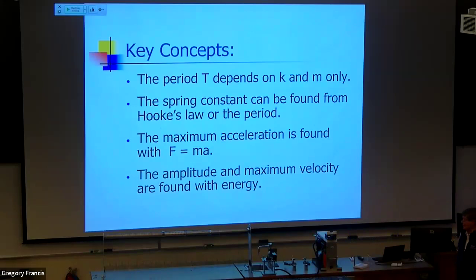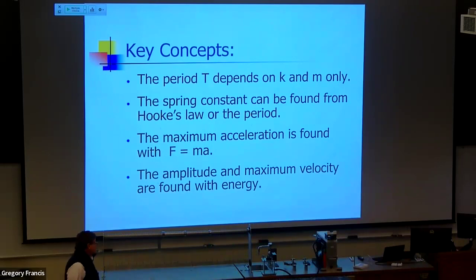The static method is we just hang it on a spring and see how much that stretches the spring. We use Hooke's law to find the spring constant. The dynamic method is we bounce that mass on the spring and we measure the period. And then we use our formula for the period of oscillation to solve for K.